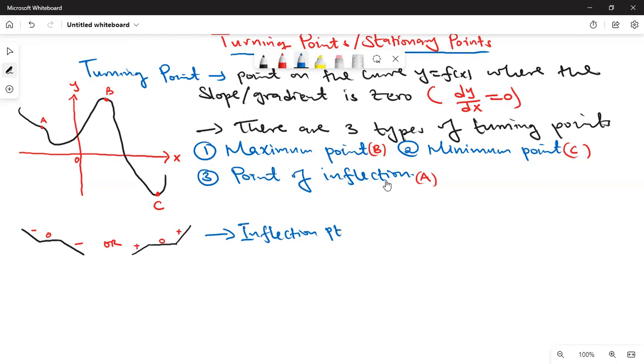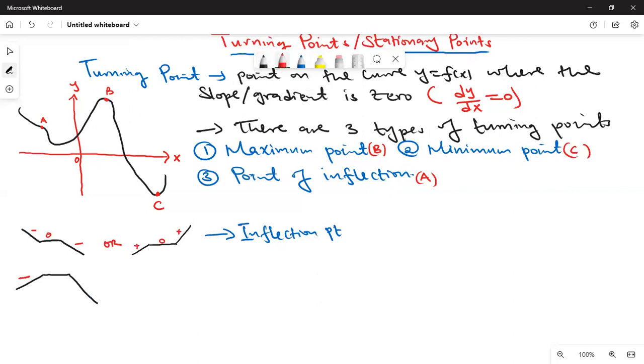What about for the case of a maximum point? At a maximum point, you see what is happening? The graph is rising. Then when it reaches point B, it levels out. Then it again falls. So it's rising, it levels out, then it falls. That is at a maximum point.